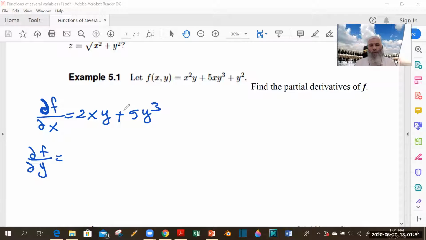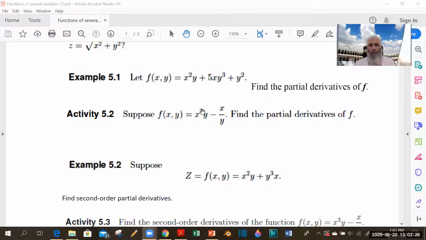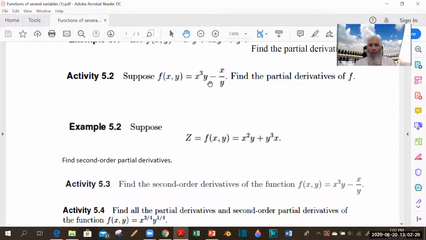And df/dy is just x squared plus 15xy squared plus 2y, because the derivative of y is 1. Right, that's it. Very easy, I think.